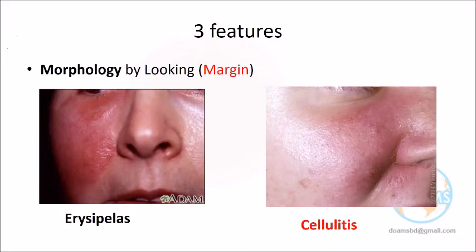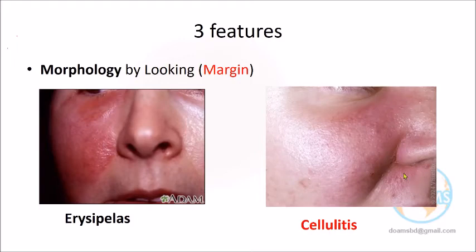More help we are getting by looking at the margin. What is the margin? What is the difference between these? There could be a margin here and a margin there also. What is the difference of these two margins? Please tell now. Usually, sir, in erysipelas it's a sharp, clear margin, and in cellulitis the margin is diffuse.